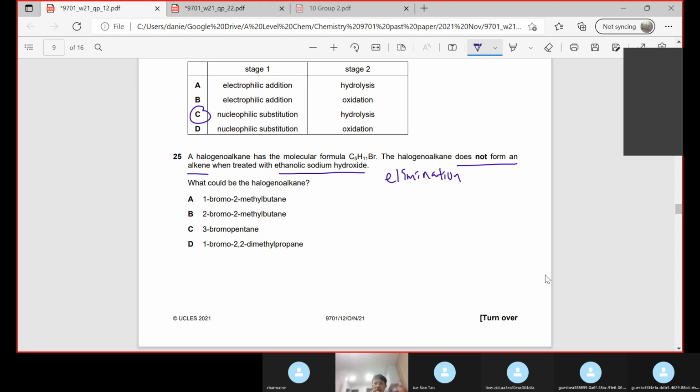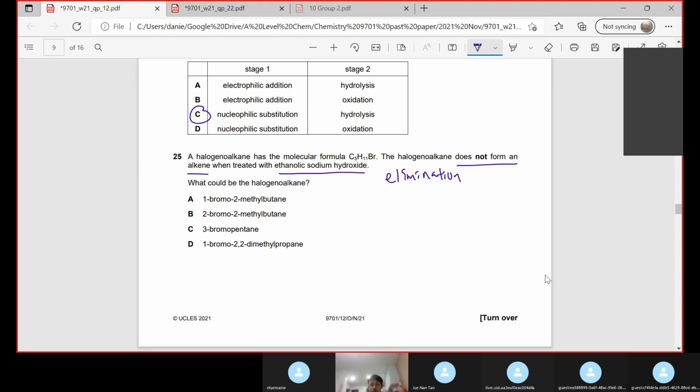So how does the elimination take place? It removes the halogen with the hydrogen at the adjacent carbon. Only when the carbon bonded to the halogen has adjacent carbons that do not have hydrogen, then the elimination cannot take place, even with the correct reagent and condition.